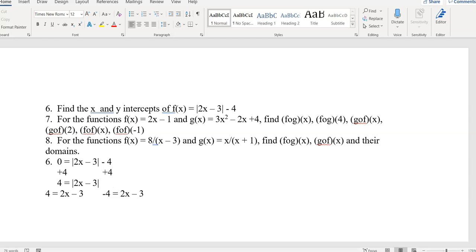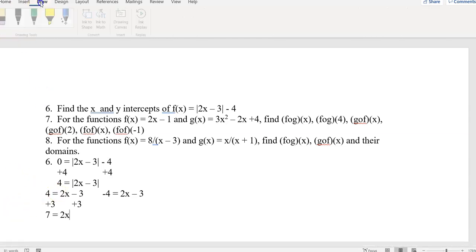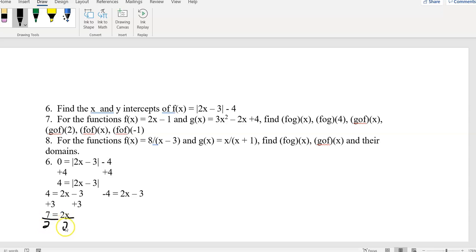So now on the left-hand equation, let's add 3 to both sides. And I will get 7 equals 2x. And then let's divide by 2, and I'll just use the draw feature to make that easier. And we get that x is 7/2.